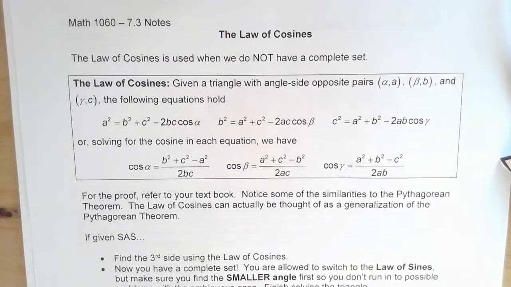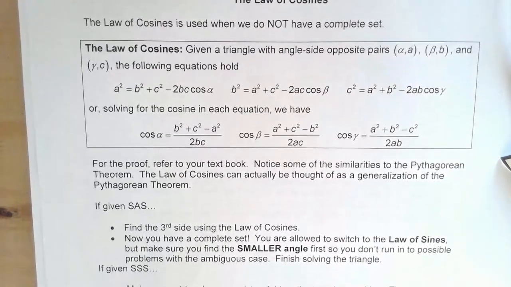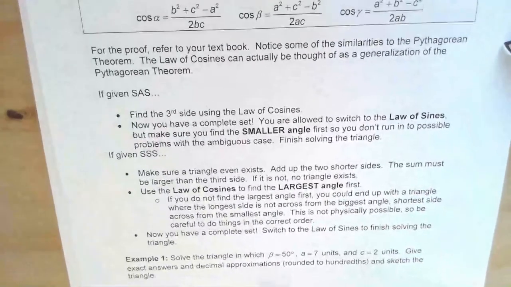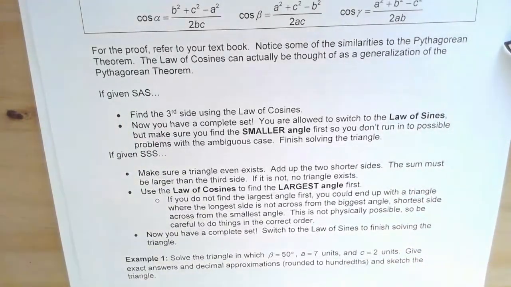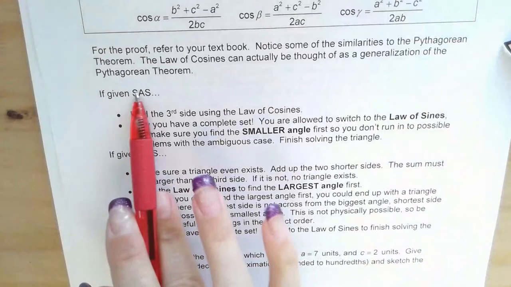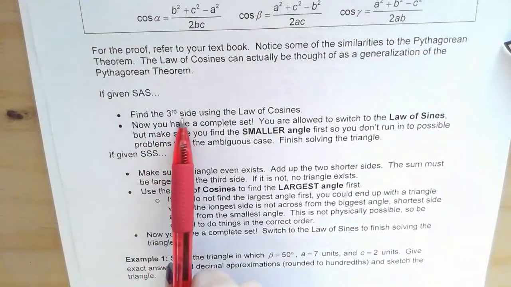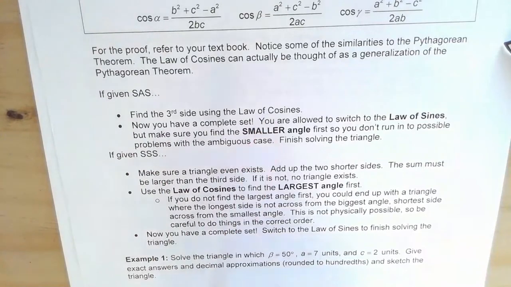Okay, so there's a couple of things we need to remember, because with law of cosines, it's about the order. Guys, you need to remember the order. So let's go over some of our rules here. If we are given a side angle side, so our angle is in between the two sides, the first thing we're going to do is find the third side by using the law of cosines. We know which one to use based on the angle given.